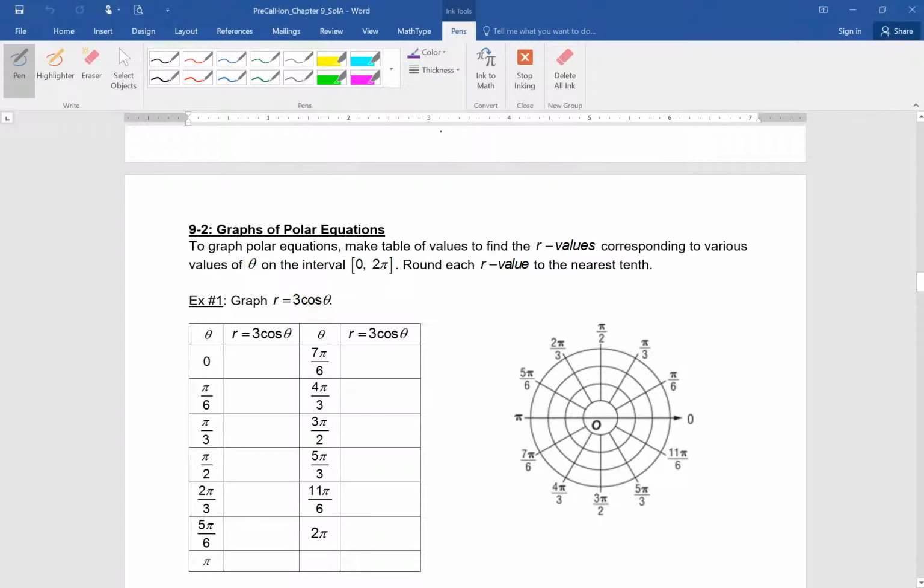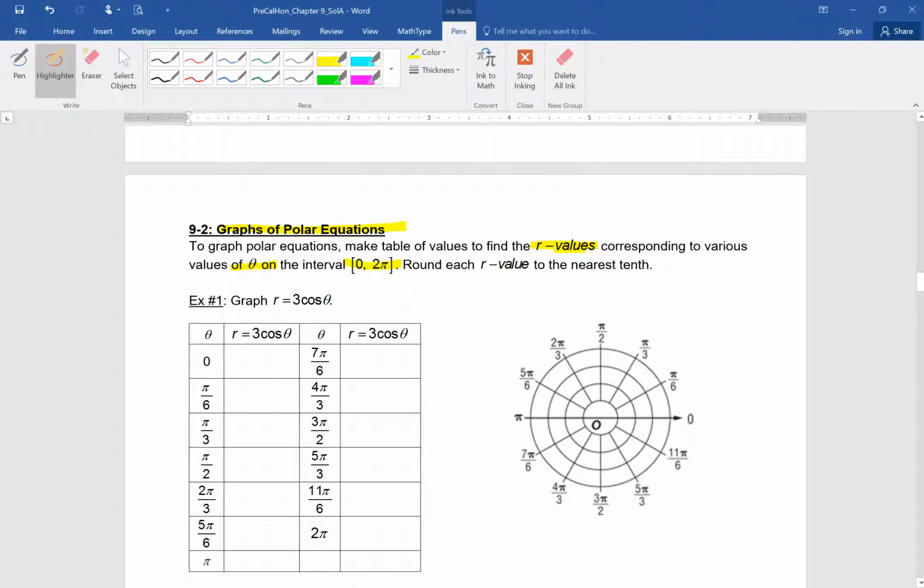Okay, so we're going to graph polar equations today. Polar equations are written in the form r equals a function of theta. I like to make a table of values to find r values corresponding to different values of theta on 0 to 2 pi.